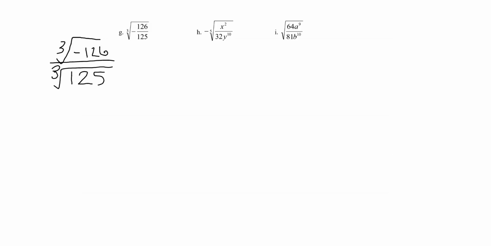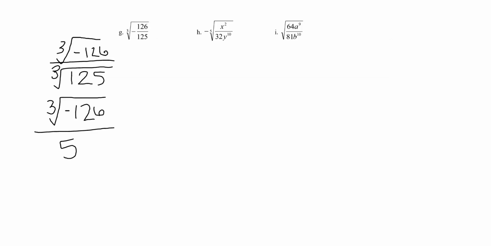Now, here is a case where the cubed root of negative 126, I don't know the answer to. It is not a perfect cube, but I know that the cubed root of 125 is 5. So I can simplify it as much as possible. What I'm going to do is leave my numerator alone, but take the cubed root of 125, which is 5, and that's my simplified answer. I can't do any more.